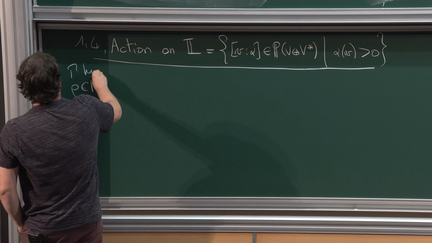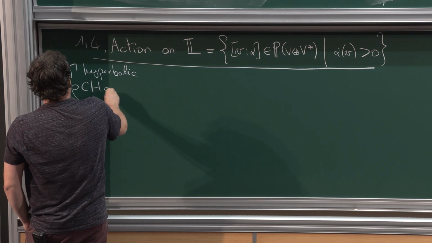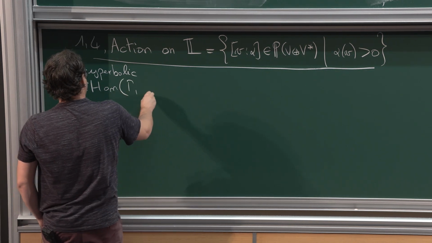So we'll start with gamma a hyperbolic group and rho, which is projective Anosov.